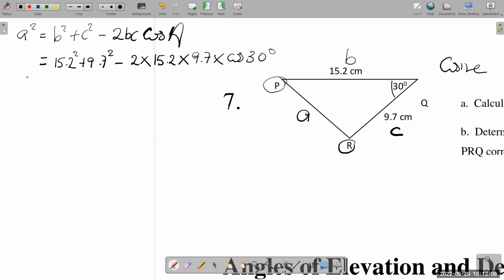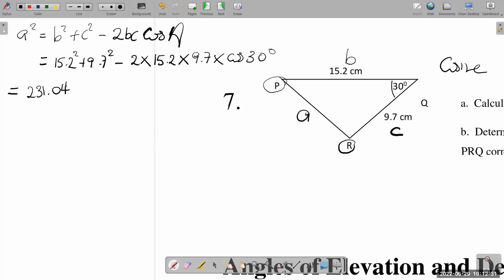So let's go. 15.2 squared is... everybody agree?